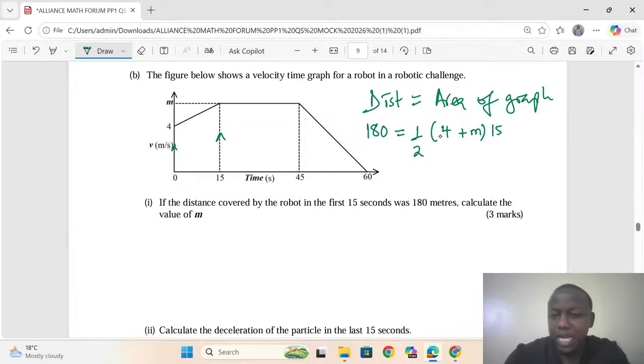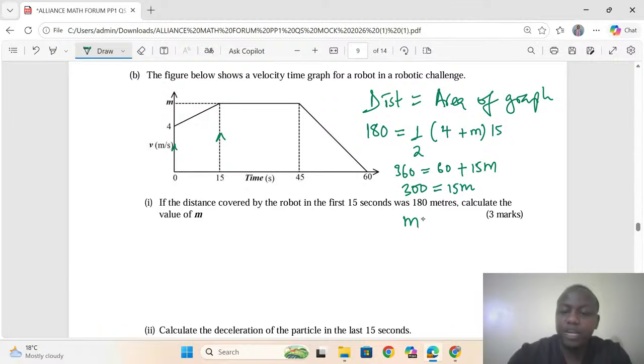Now we can multiply both sides by 2 so that the half cancels. 360 equals, we open the brackets with the 15, so that we have 60 plus 15m. Remember, everything was over 2, but the 2 multiplied 180. So we have 300 equal to 15m.